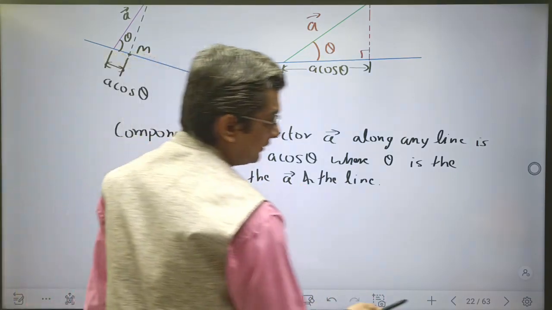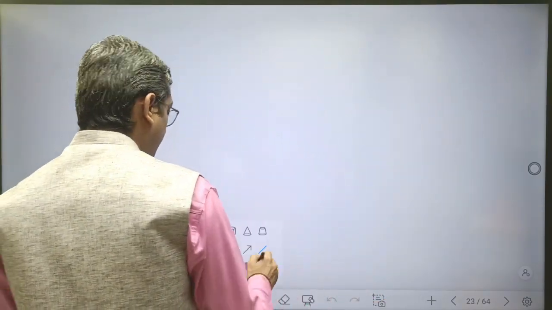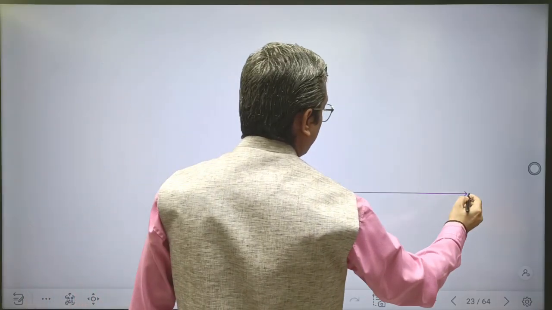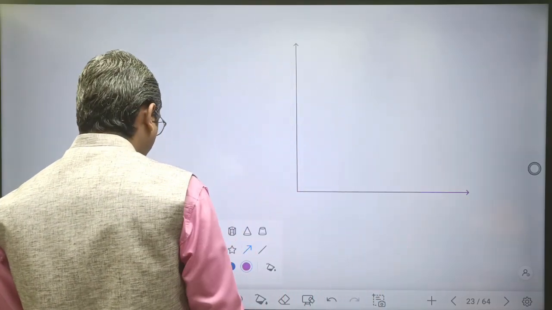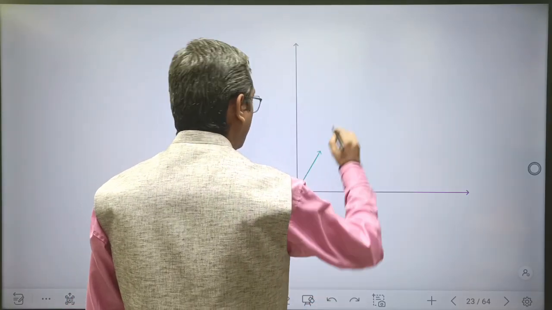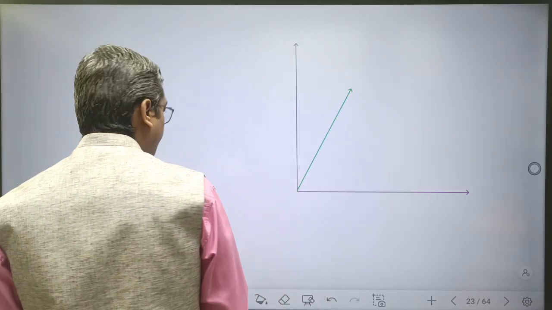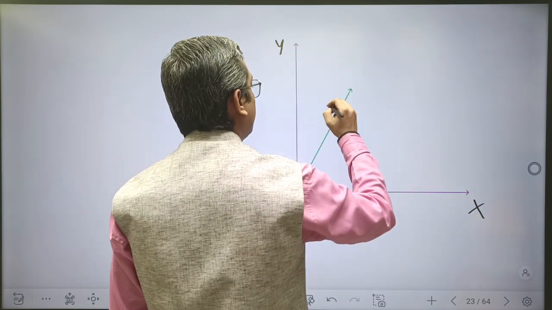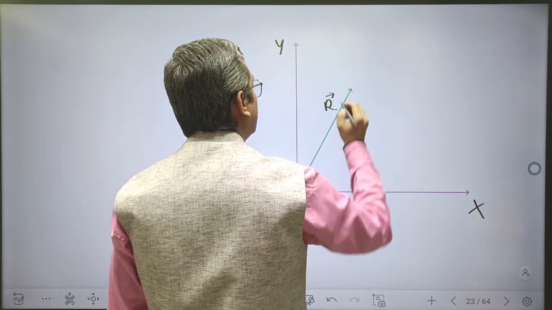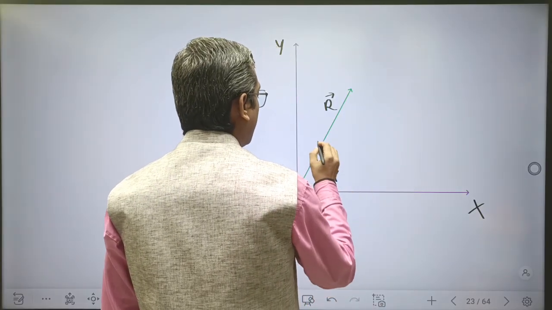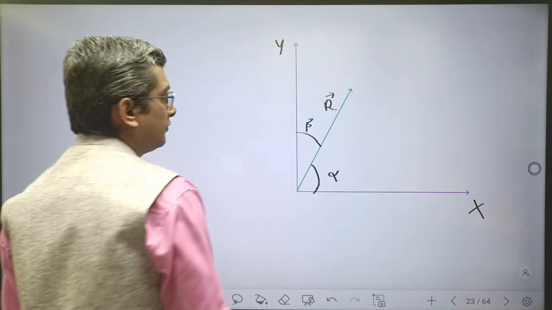Now suppose I take x and y axes, and we have a position vector like this one. This vector r is making an angle alpha with the x axis and an angle beta with the y axis.